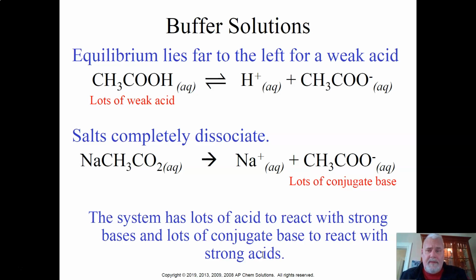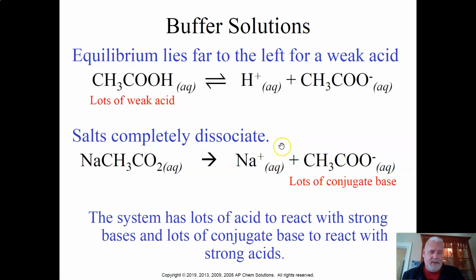So you have acetic acid, which is a weak acid, and it breaks up into H plus and acetate. And then you add this sodium acetate. So the sodium is just going to be a spectator in this case. And then you'll end up with lots of conjugate base.